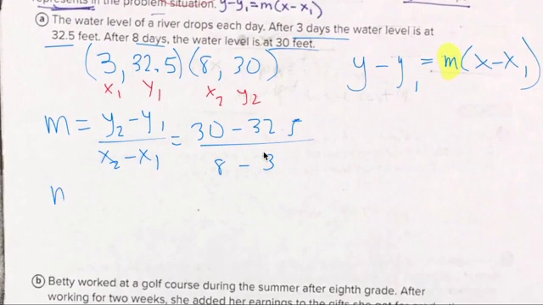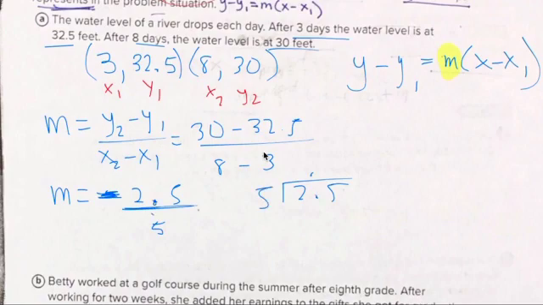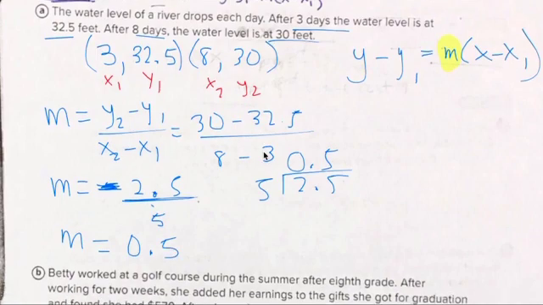So your slope is negative 2.5 over 5. Okay, you can't have a decimal over a fraction. It's just weird. It doesn't happen, okay, you guys. So we divide to get the unit rate: 0.5, half. The slope is half. You can use 0.5 or just 1/2.